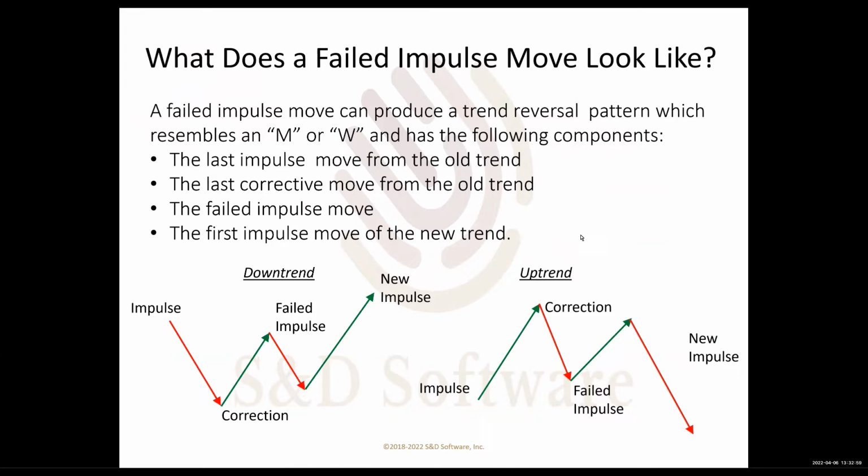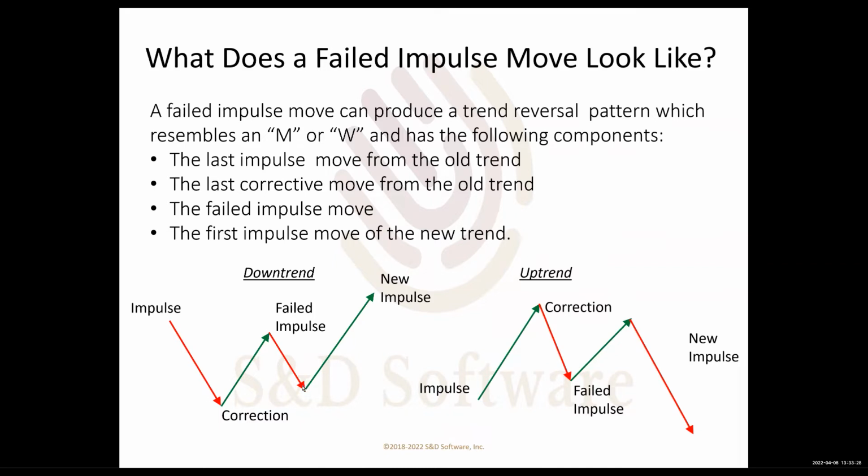So what does a failed impulse move look like? Well, a failed impulse move can give us something which kind of resembles an M or a W. And so in the case of the downtrend here on the left, we can see we have the last impulse move from the old trend. We have the last correction. And then we have our failed impulse move. We don't get the new lower low.